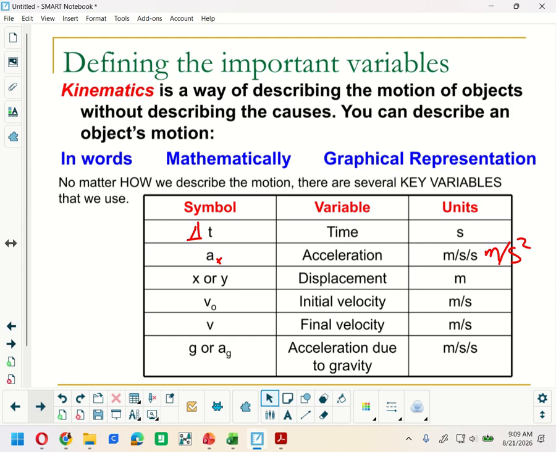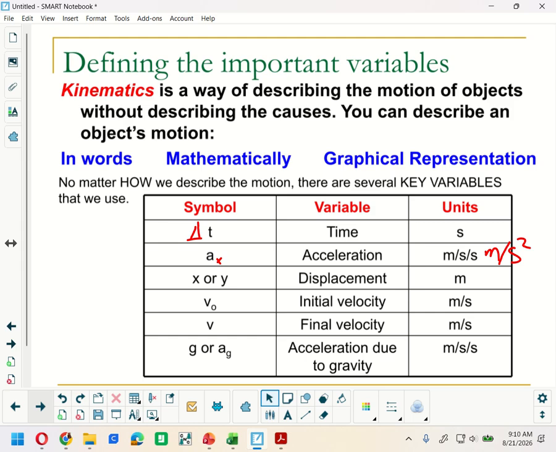We could have acceleration for x, depending on, like, we could have different rates. It could be going in different directions. So we're talking about two different lines. So acceleration of x, or it could be acceleration of y. Let's see. So x or y displacement is in meters. So for those people that keep forgetting what my units are, it's right here.